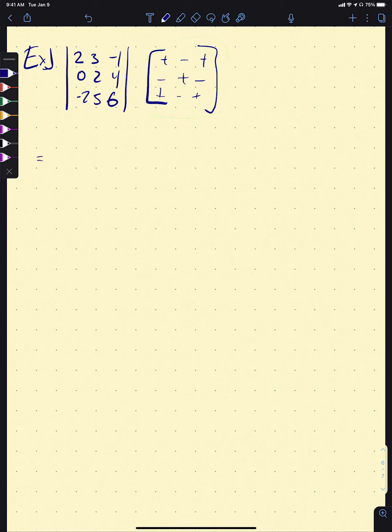So if we're expanding on the second row, what's going to happen? Well, we're going to have, I guess, -0 times what? Well, that's going to go away and that's going to go away. So it's going to be 3, -1, 5, 6. Then we're going to have +2 times what happens when we remove those.